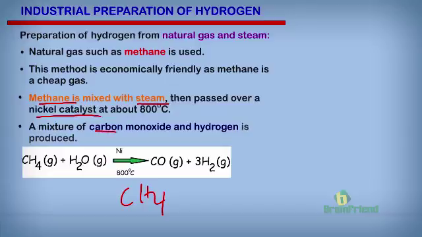Now, a mixture of carbon monoxide and hydrogen is produced. So this is the overall reaction: methane plus water, when passed over nickel catalyst at 800 degrees Celsius, yields carbon monoxide and hydrogen gas.